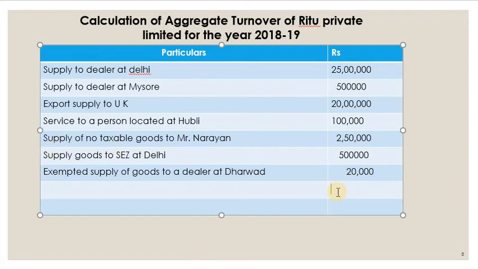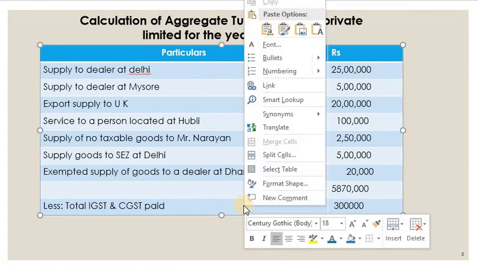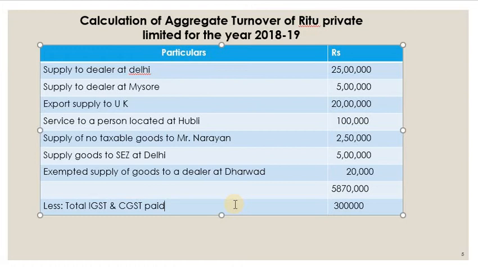Now total it up. The total is 58,70,000. Now what we have to minus is the GST paid, that is IGST and CGST paid. How much is it? It is given as 3 lakh. If you minus it from this, you will get the aggregate turnover.